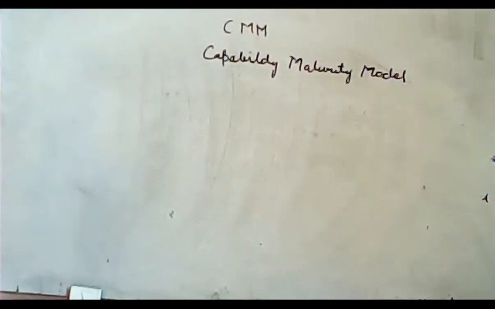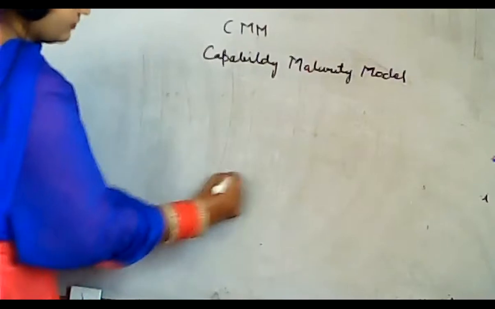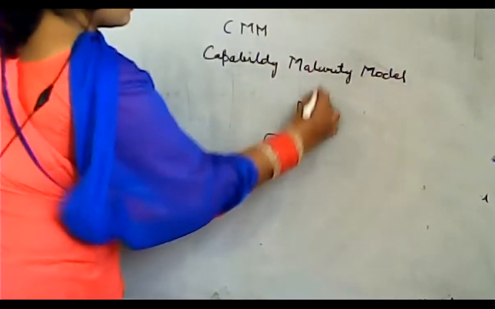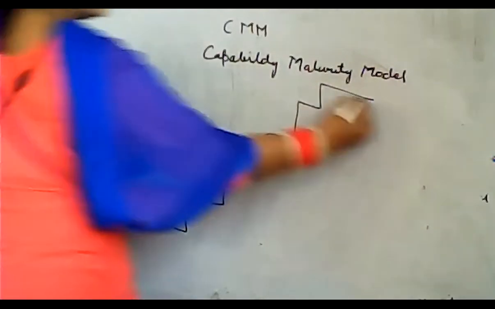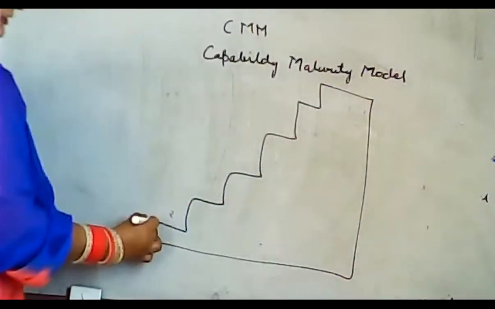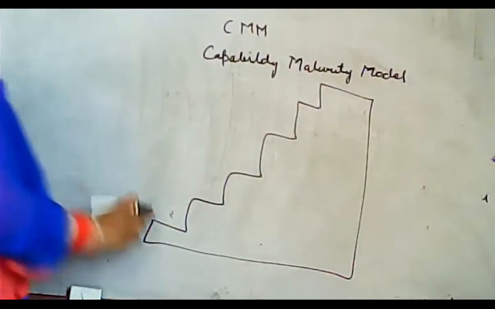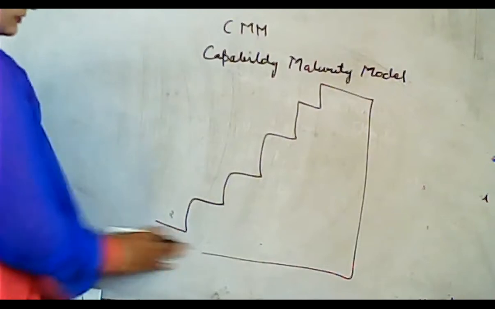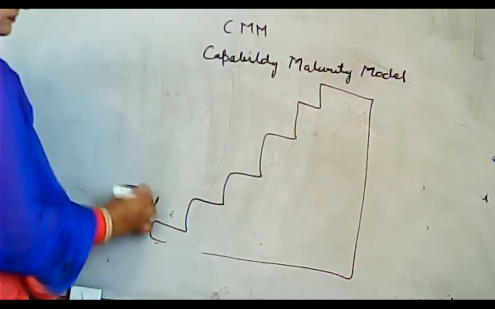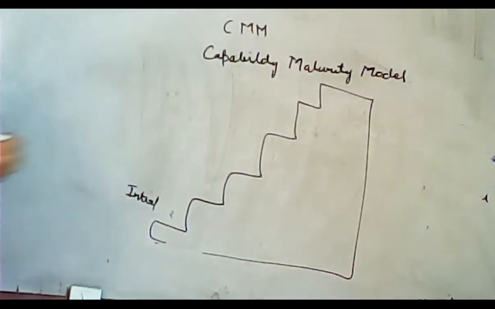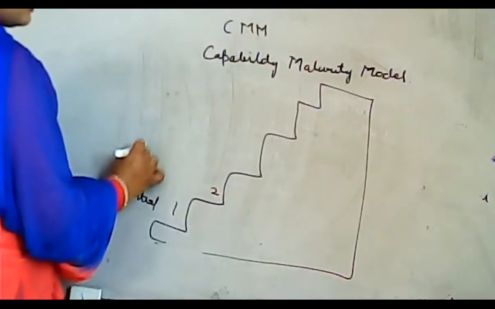First is called the base level. Draw in this form: one, two, three, four, five. The first basic level is called the initial level. Number two level is repeatable.